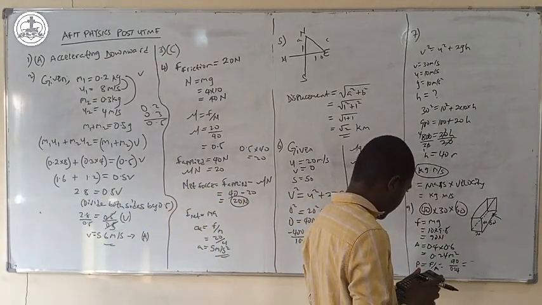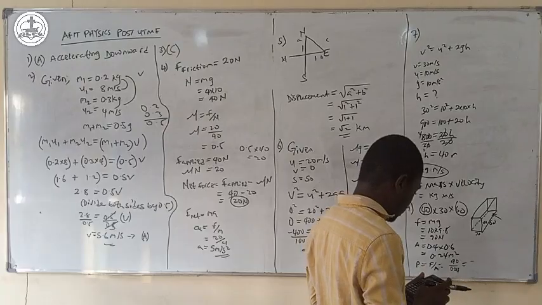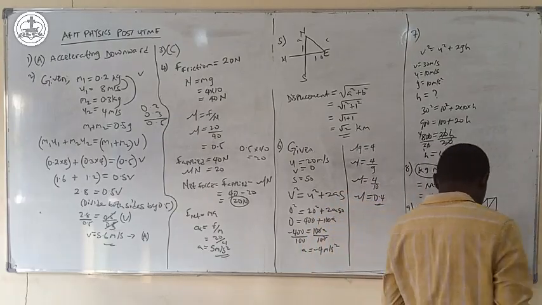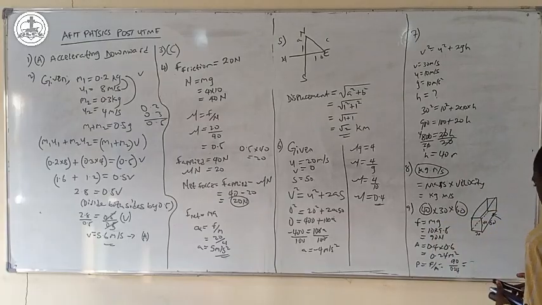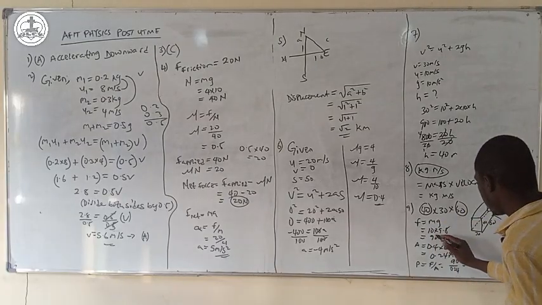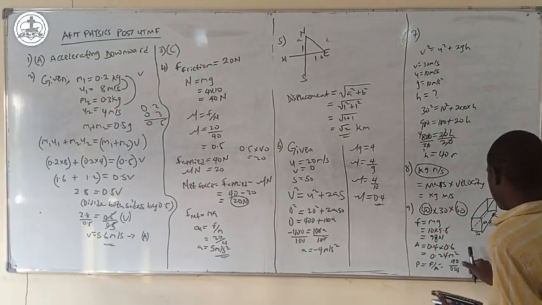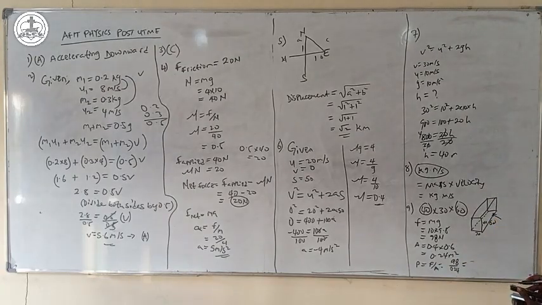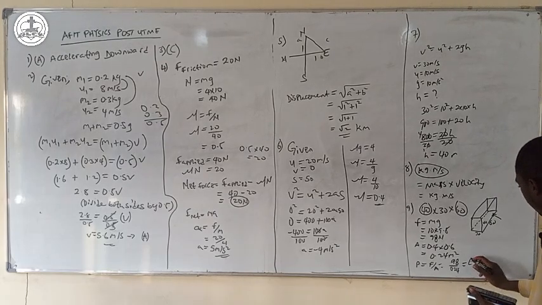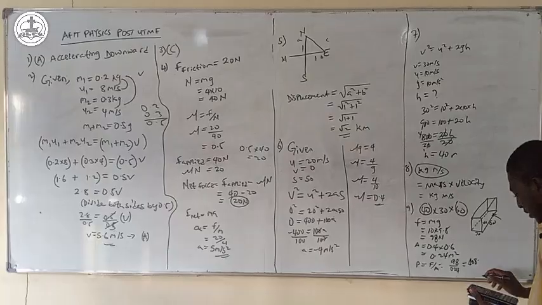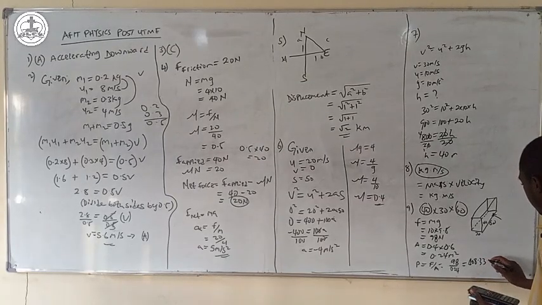90 divided by 0.24 is equal to 375. Sorry, it's 98. Sorry for that. 98 divided by 0.24 gives you 408.33 Newton per meter squared.